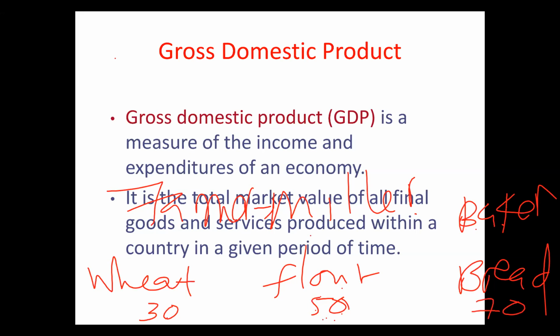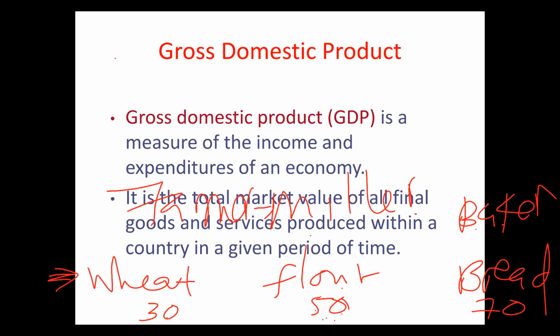So what you can see now is that as you keep on adding value to the good from the first stage, the prices are increasing. We have added value from simple wheat to flour, so the price is now 50. Again, we have converted the flour to bread and increased the price to 70.